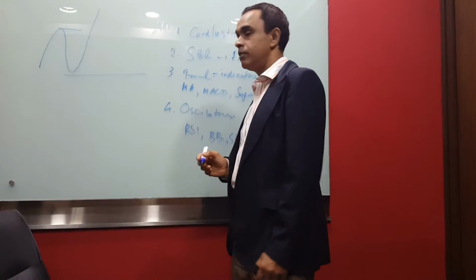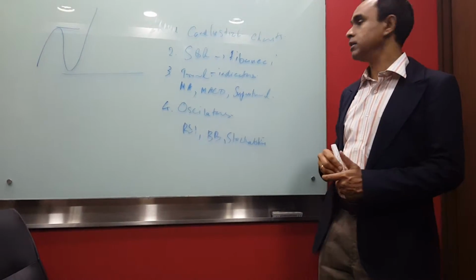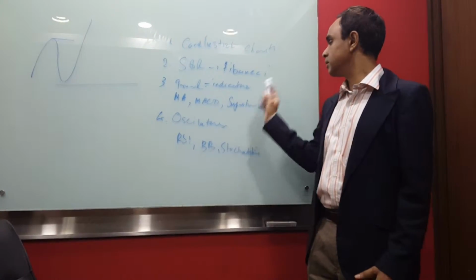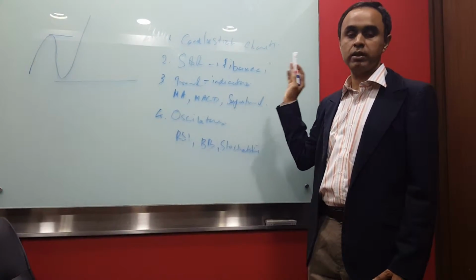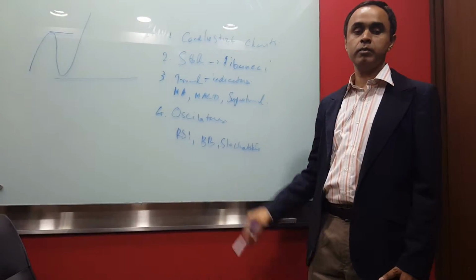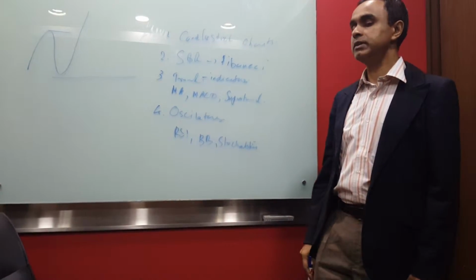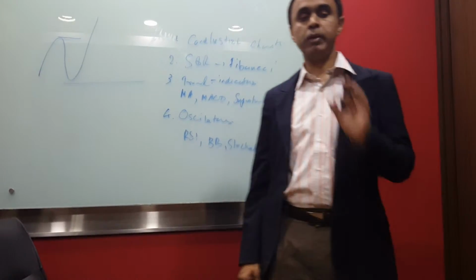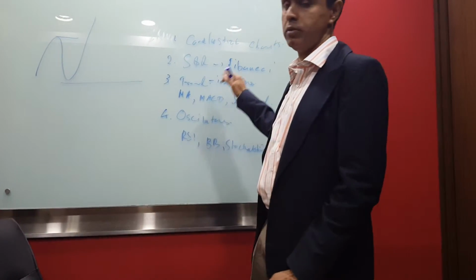What is Fibonacci? Fibonacci was actually a scientist who came up with this theory, and these tools and concepts have been named after him. Basically there are certain levels, certain mathematical calculations. He's a mathematician basically.